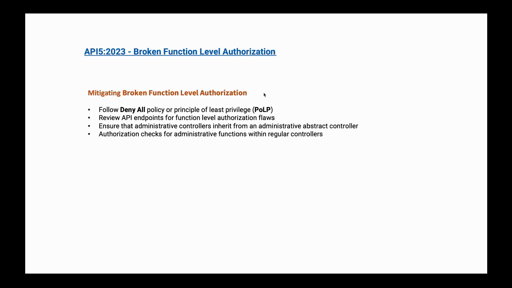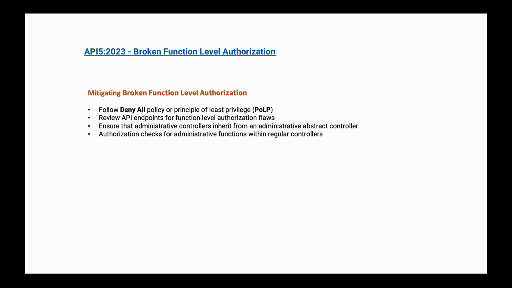Now, other practices involve reviewing API endpoints for function level authorization flaws regularly and fixing them if found. Ensure that administrative controllers inherit from administrative abstract controllers.